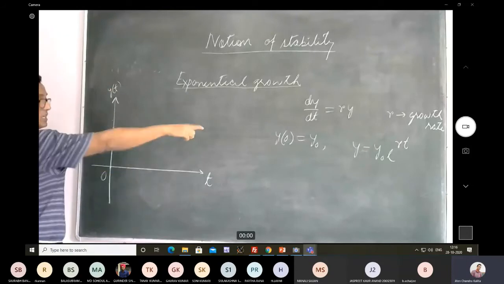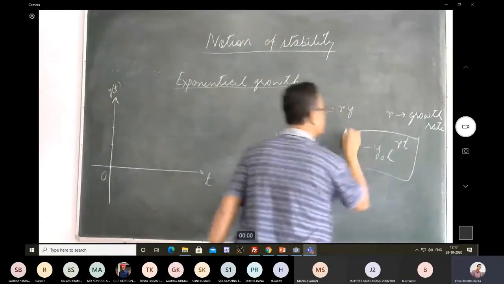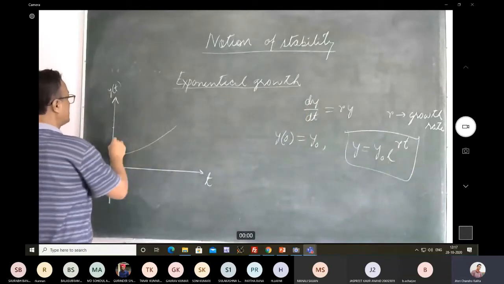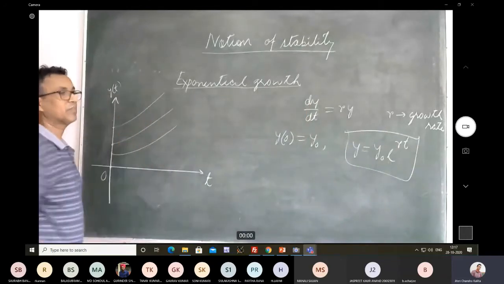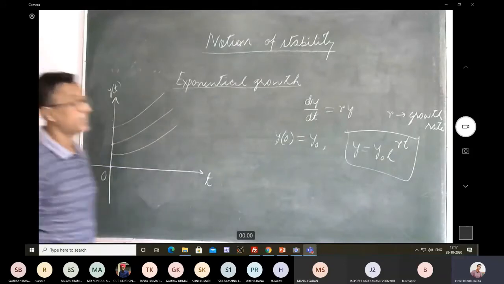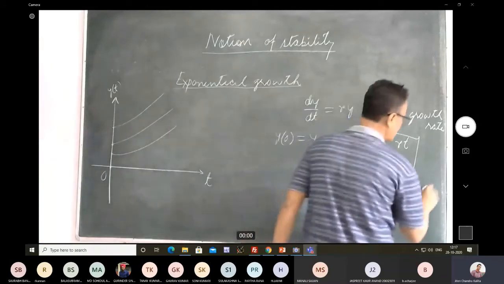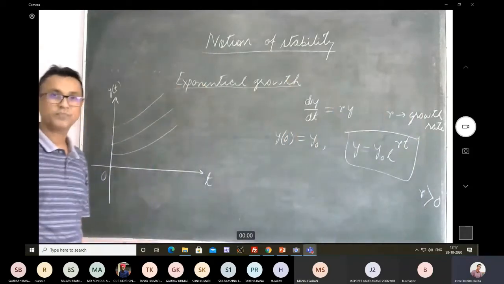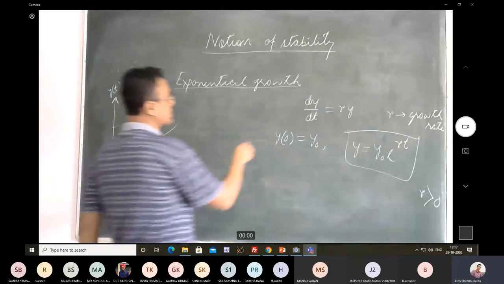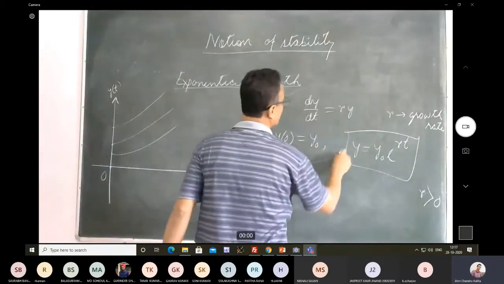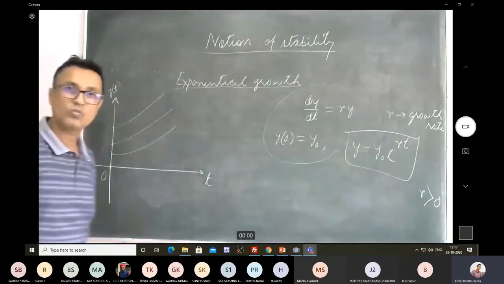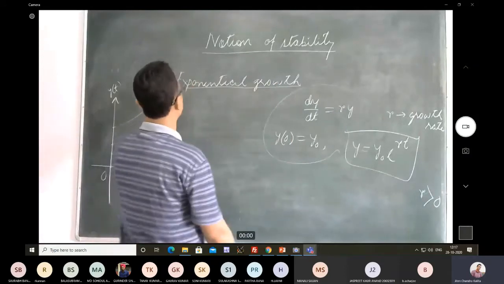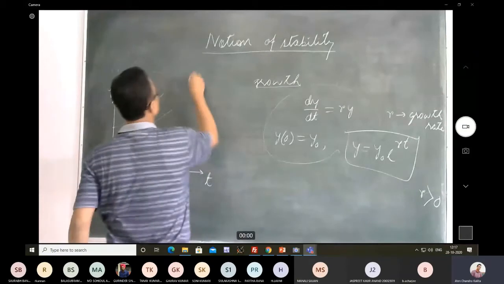This solution indicates that whenever you start, there is always going to be some increase in the population, if I consider r to be strictly greater than 0. But this is not a very good model. That is why let me come to the model which is called logistic growth.